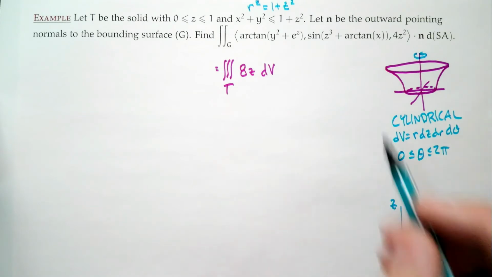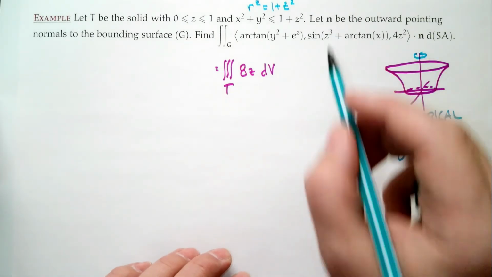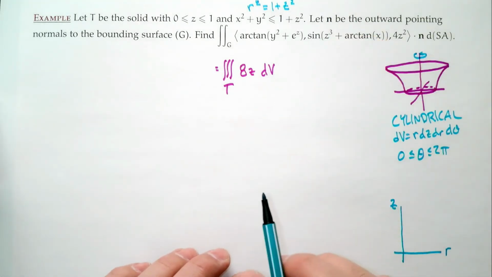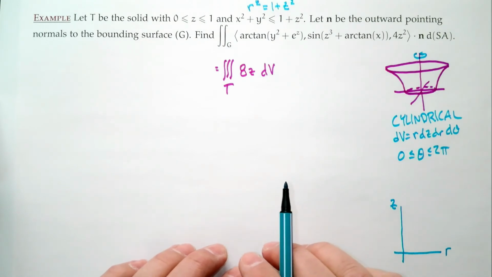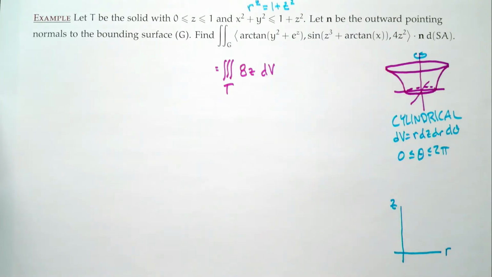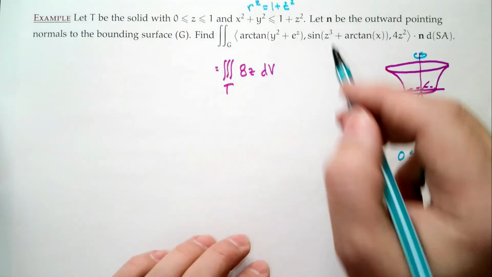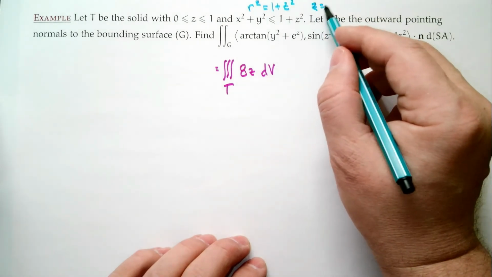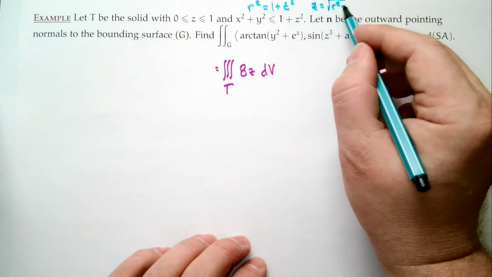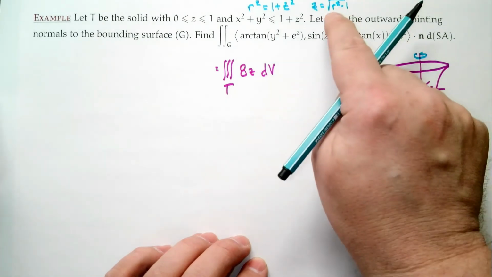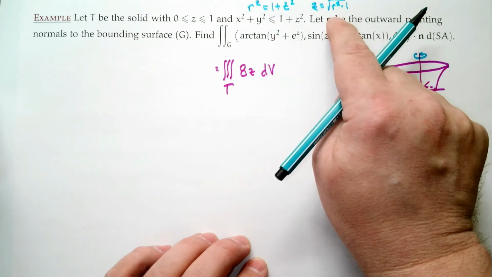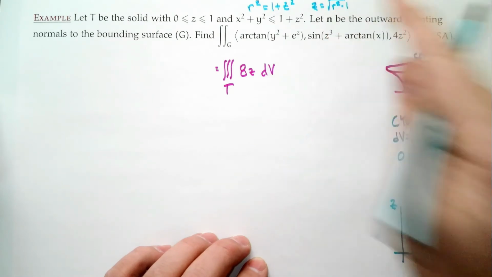Well, it says that z is the square root of r squared minus 1. So what happens is it starts here at 1, and then it kind of goes. It's not a circle. Be careful. Circle would be 1 minus r squared. It's r squared minus 1.